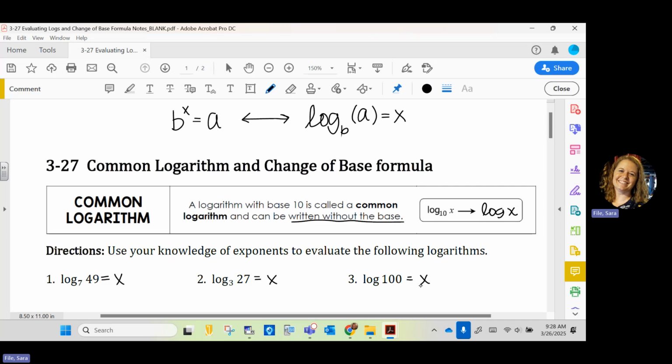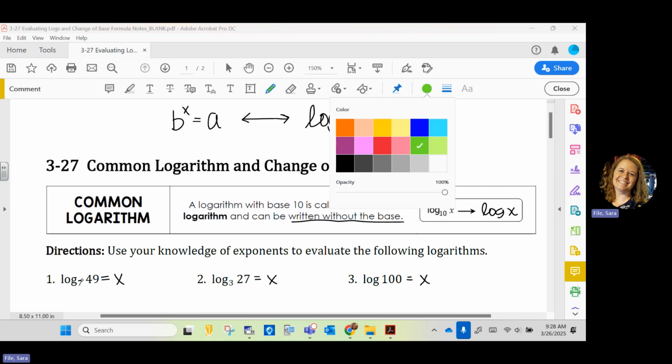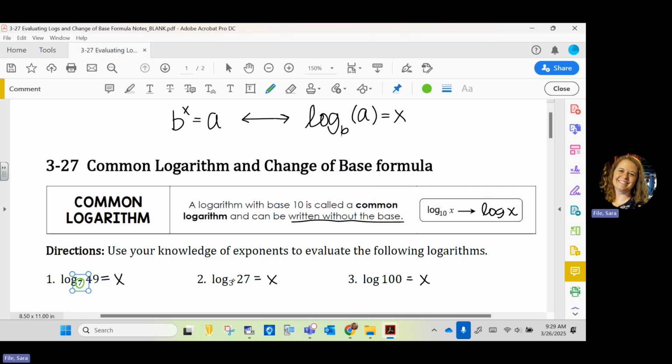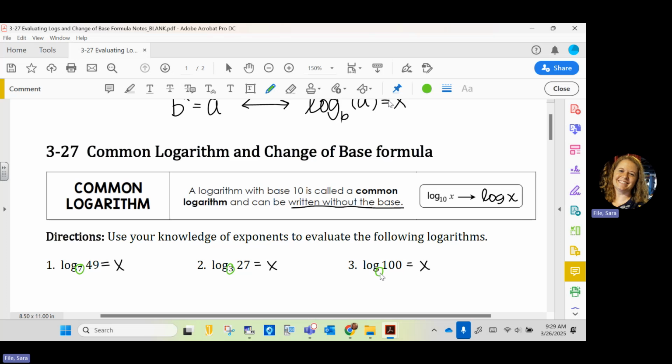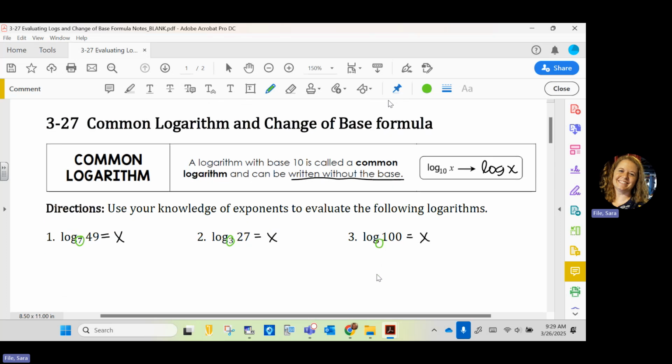If we change this to exponential form, remember, the base of the log becomes the base of the exponential. If there is no base on that last one, what is that base understood to be? 10. So this is going to be a base 7, this is going to be a base 3, and this is going to be a base 10.